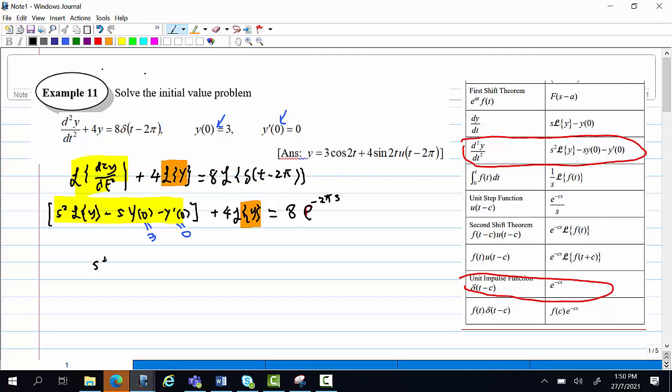plus 4 times the Laplace transform of y is equal to 3s plus 8 e to the power minus 2πs.